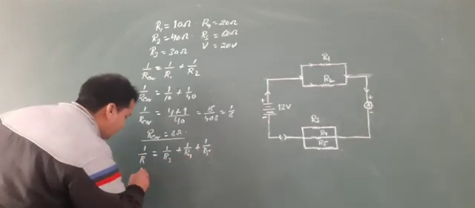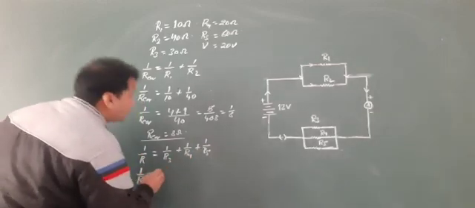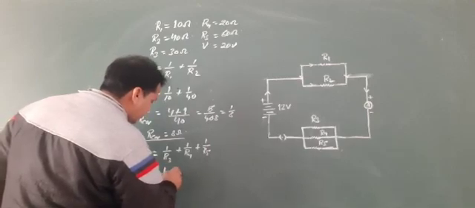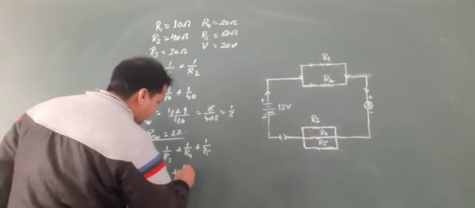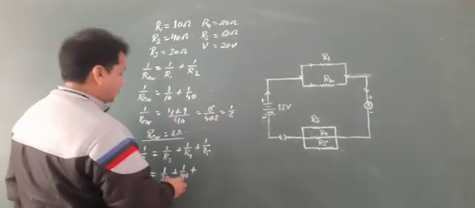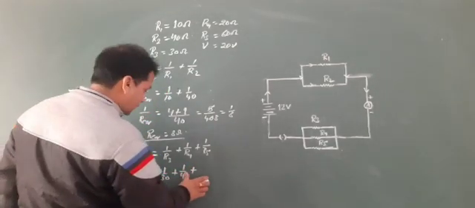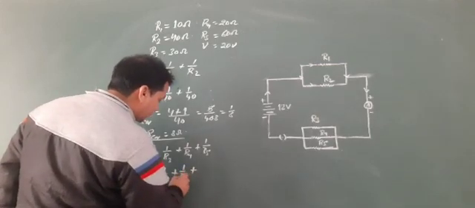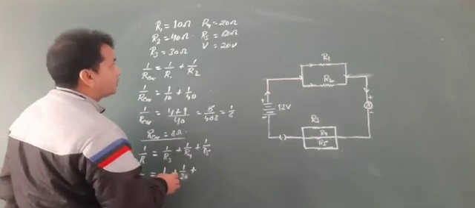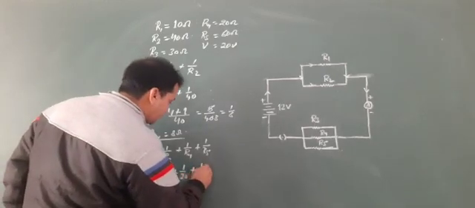So we can write 1 by R equals 1 by 30 plus 1 by 20, and the value of R5 equal to 60, 1 by 60.